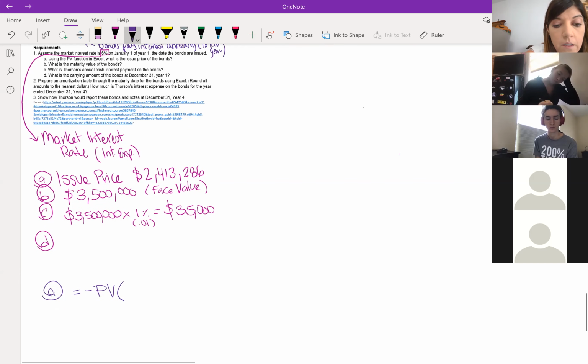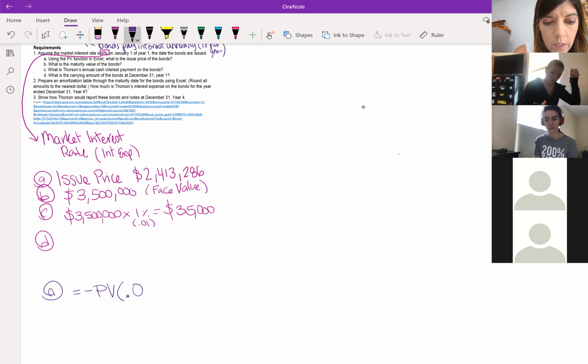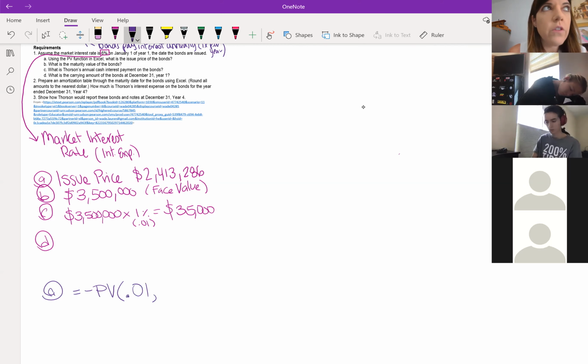open parentheses. The first number is going to be my market interest rate, and it's not multiplied times 1/2 because we pay out annual interest. If you're using Excel, you have to convert that percent to a decimal.